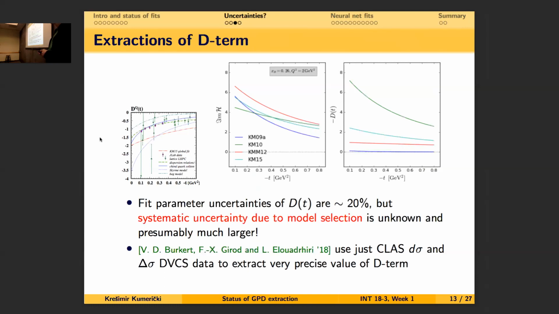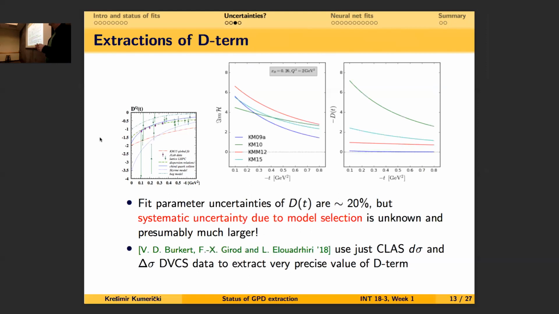So we hope to include meson production also in the fits, and we started that. There are some preliminary results by Tobias Lautenbacher, Eva Mueller and Andreas Schäfer, which are still unpublished, on a global fit including DVCS and meson production using HERA data.